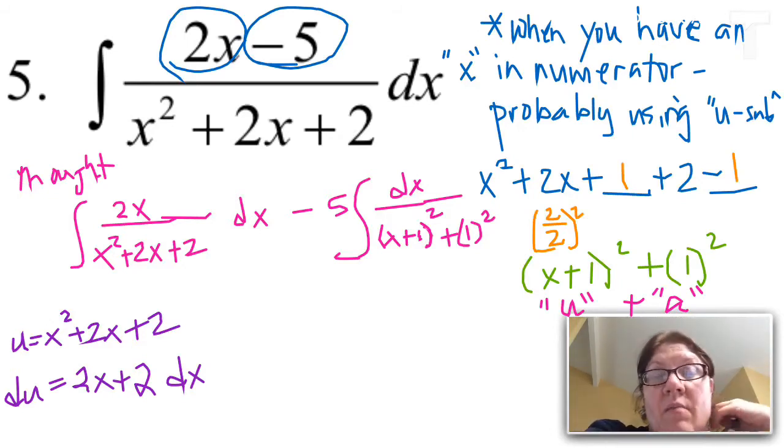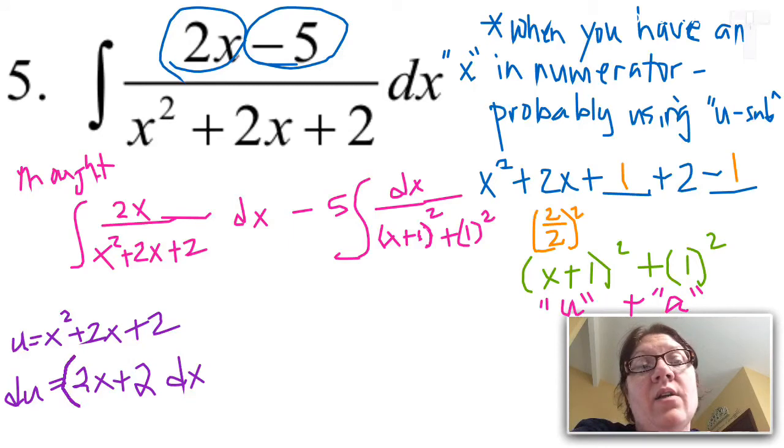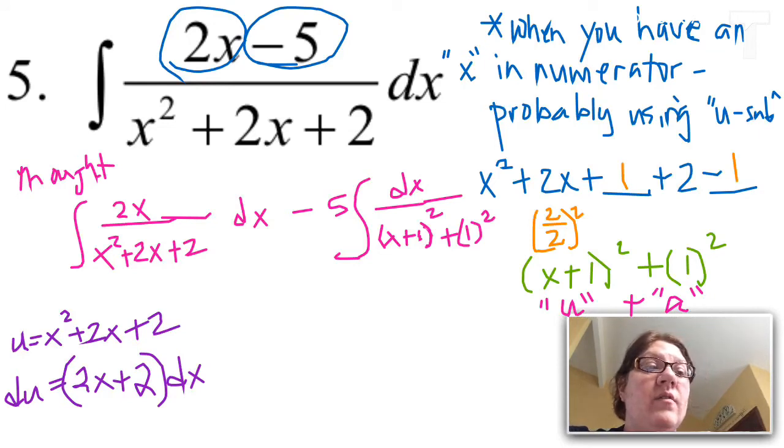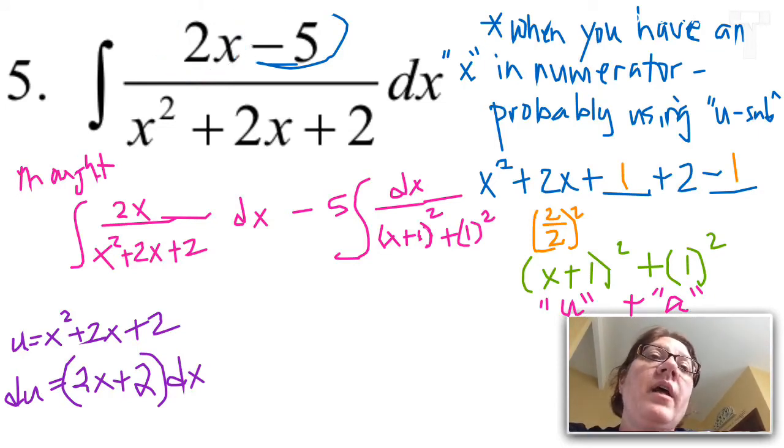I can multiply by a coefficient because I can compensate for that outside, but I can't just go around adding 2. So I have to think back to, did I have this in some fashion that I could have started with? And by that I mean, could I have created a 2x plus 2 in the beginning?